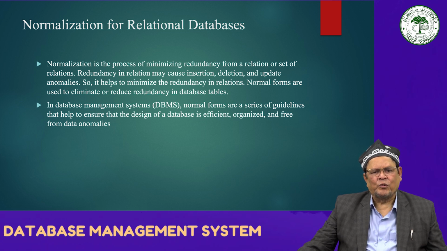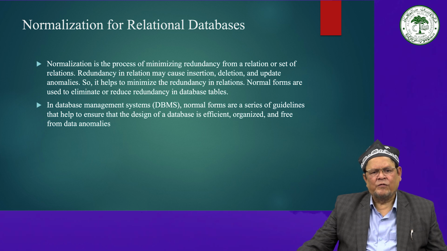Normalization is a crucial process in database management systems aimed at optimizing the structure of relational databases to enhance data integrity and minimize redundancy. It involves organizing tables and their attributes in a systematic manner to ensure effective data storage and retrieval.